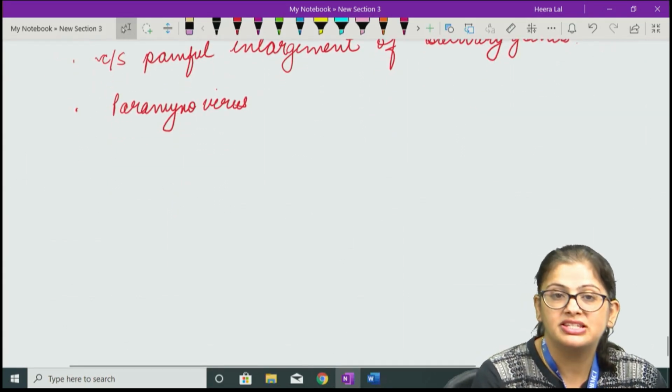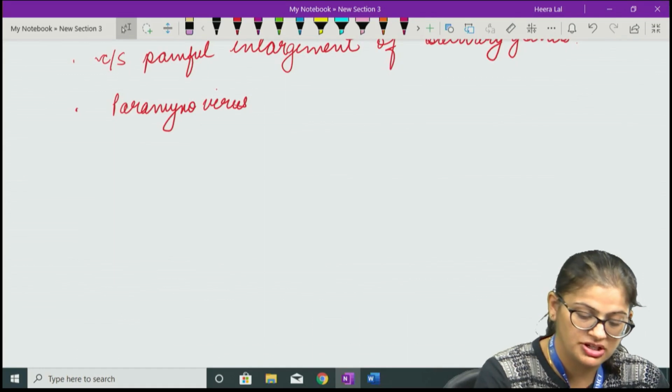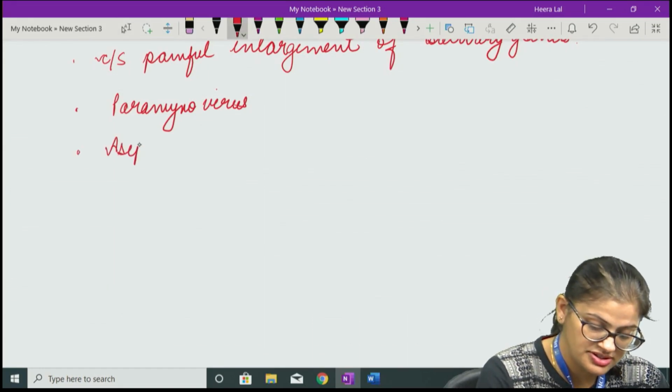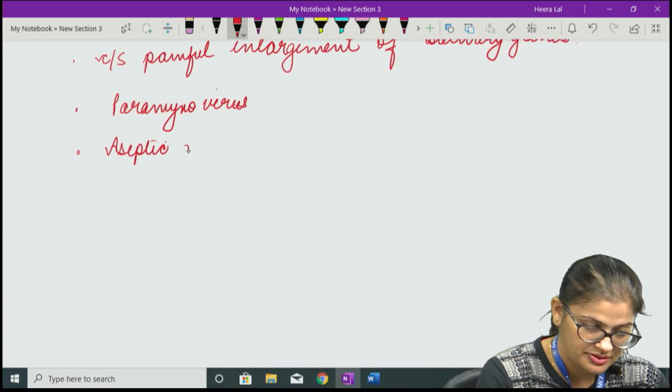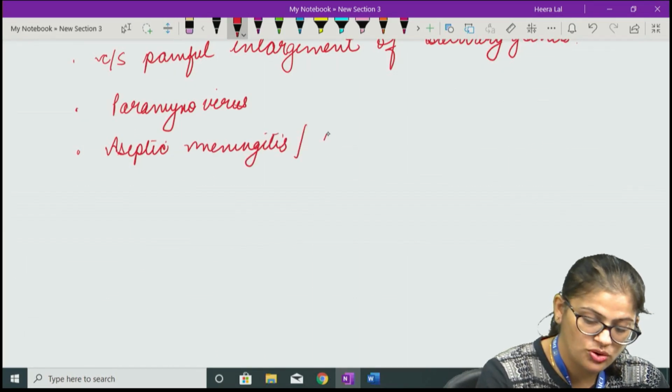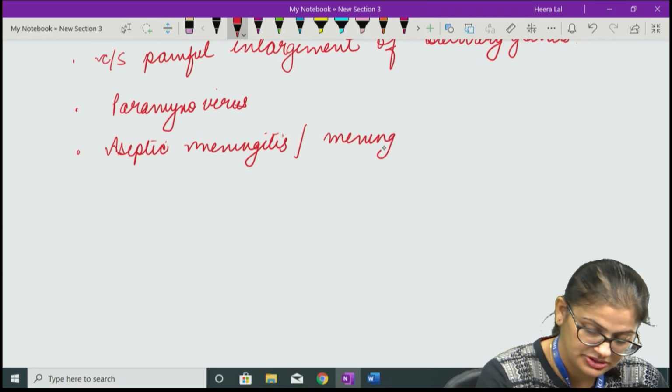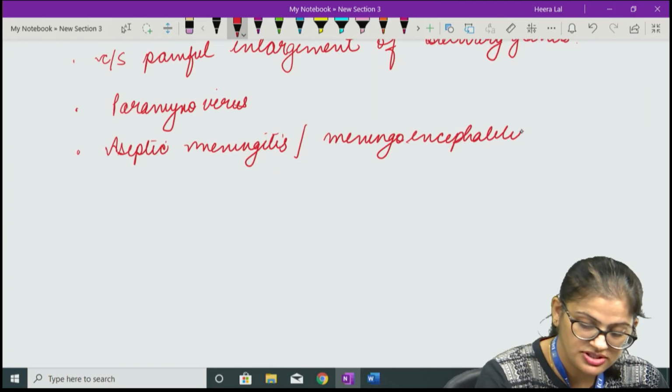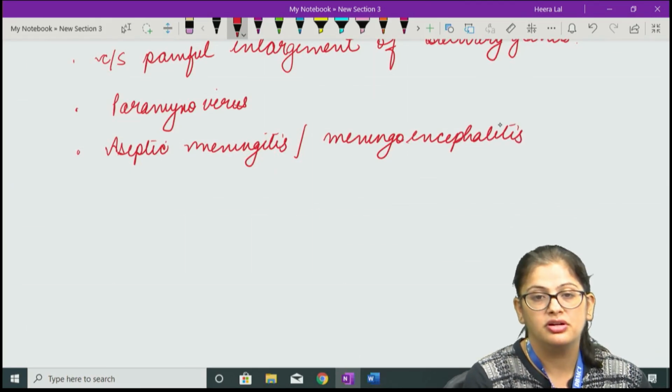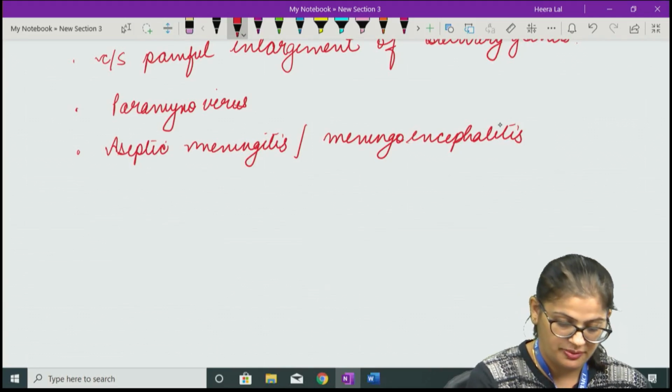And the most common CNS manifestations of mumps include aseptic meningitis and meningoencephalitis, which are usually seen 3 to 10 days after the symptoms of mumps appear.